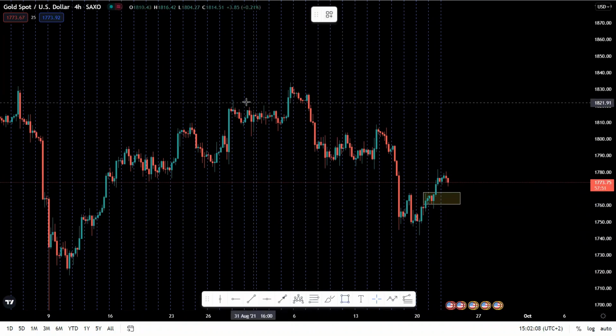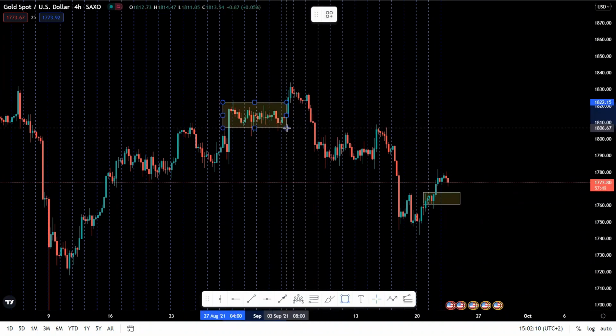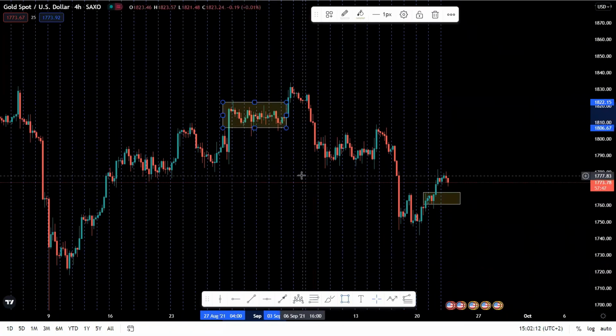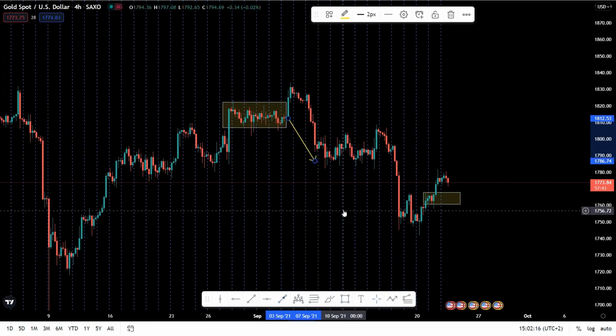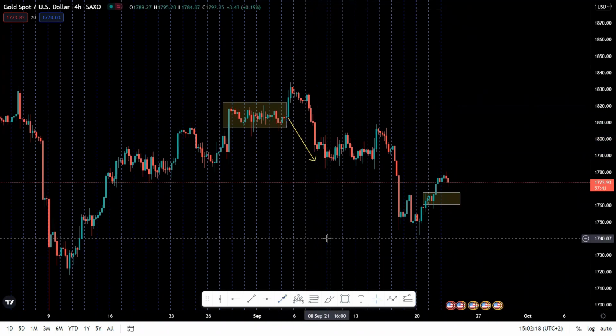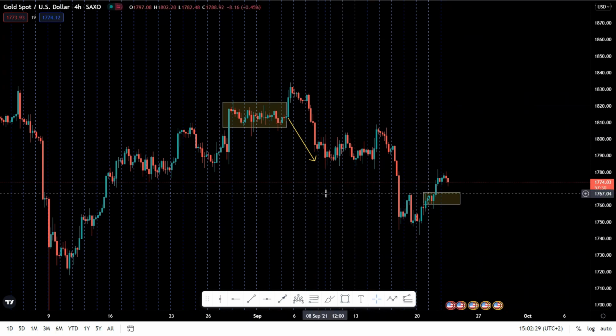Now, remember structures. Here was a structure which later on the market broke to the lower side. At the same time, I'm going to show you an example of my entries where I'm in a trade and I'm trading gold, and I'll also show you the reason why I did those entries.